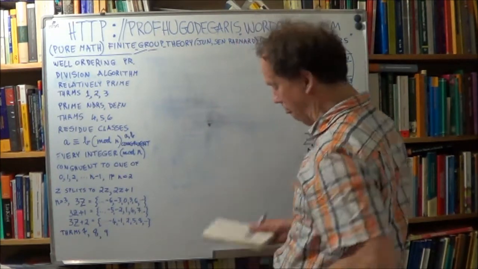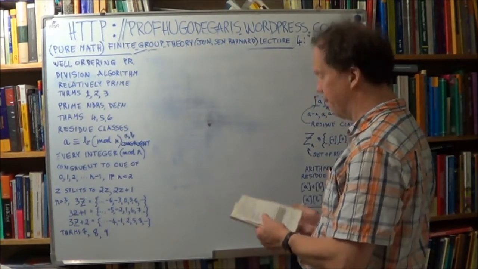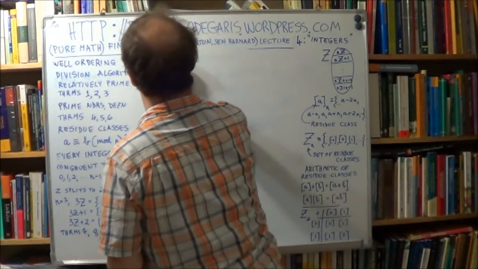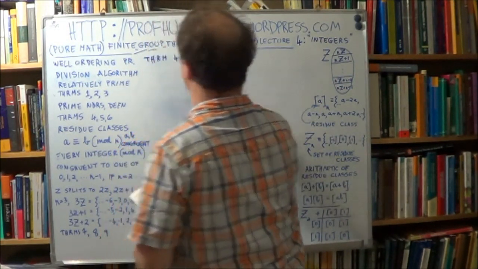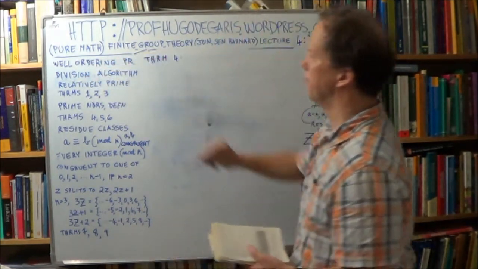It's a pain. All right, theorem 4. It's to do with prime numbers.